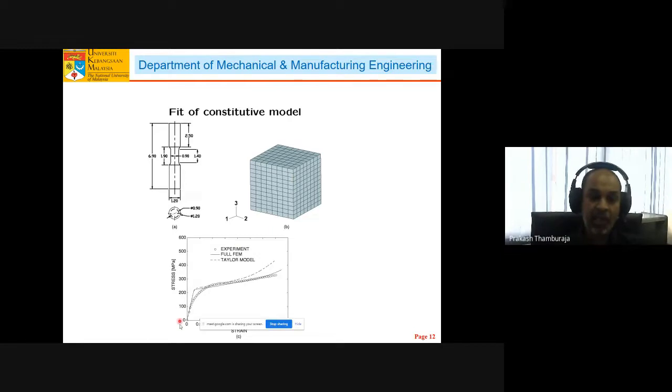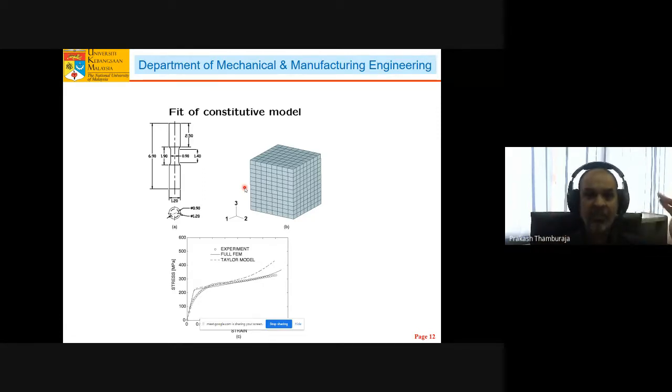Okay. And this is the fit of the mathematical model and the computational framework, and you can clearly see that the fit is quite good with the experimental results. We also performed a homogenized model of the polycrystal, where we assume that all crystals are deforming the same way. The computations are two orders of magnitude faster.